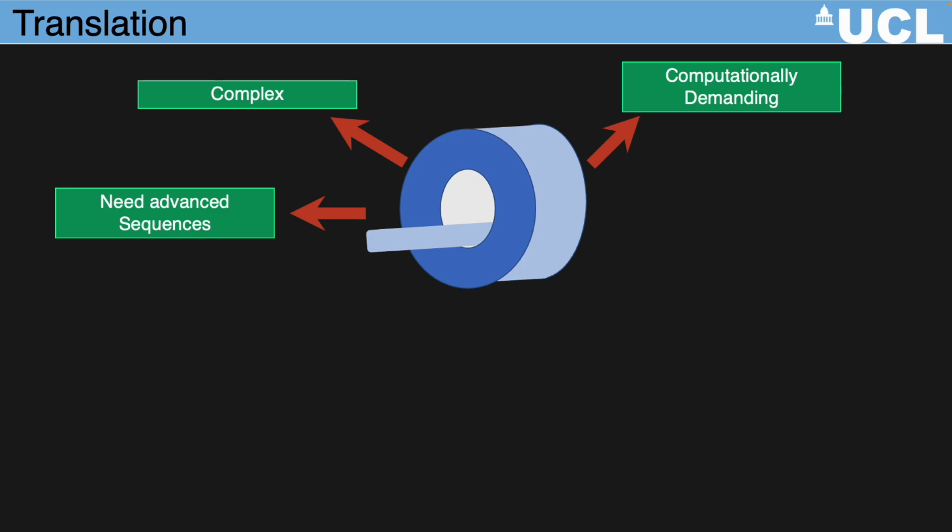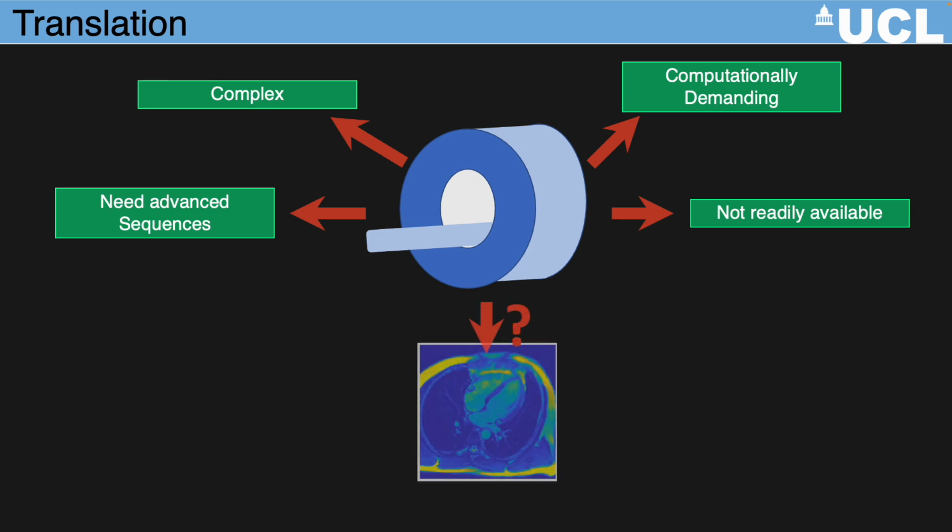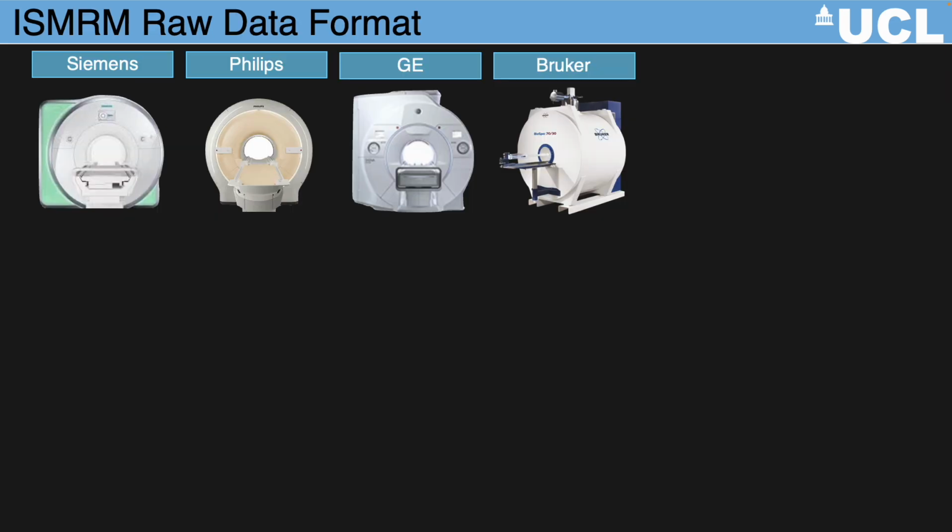The data is often large in size, particularly when you're trying to perform high dimensionality imaging. Therefore, the reconstruction may require large amounts of compute power. And of course, this means that many of these advanced reconstructions are not readily available on clinical systems. And in the rest of this video, I'm going to talk about the different paths which we consider when trying to translate advanced reconstructions into the clinical environment.